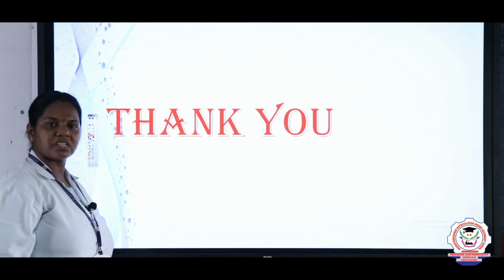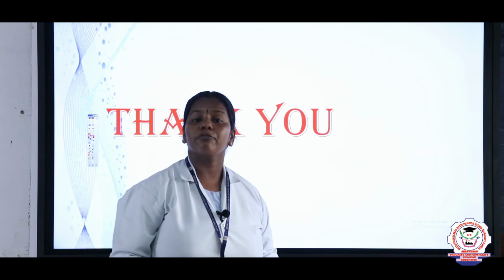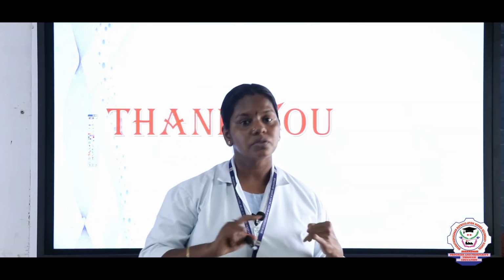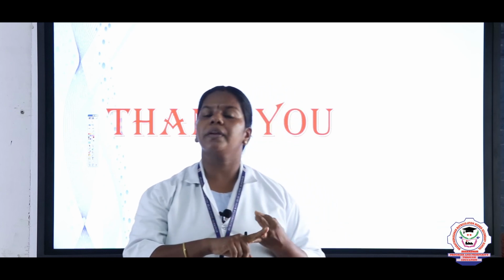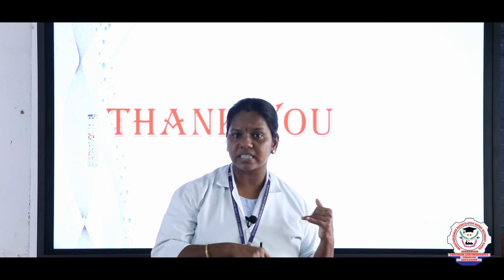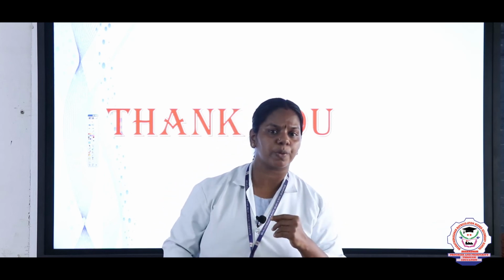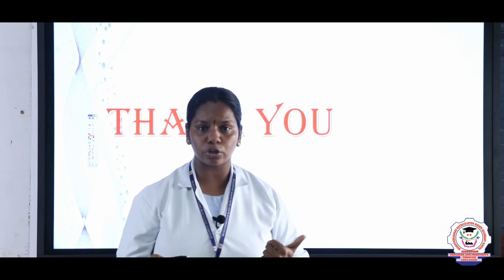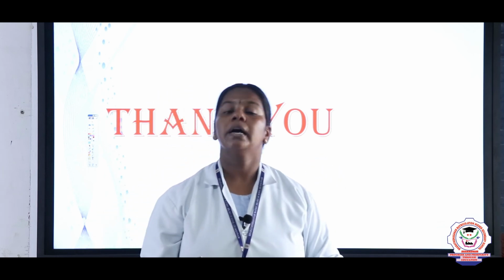With this the life processes in bacteria come to an end. We have discussed the staining procedure, the difference between gram negative and gram positive bacteria, and life processes such as respiration. What are the two types of respiration? Aerobic and anaerobic, and about nutrition, that is autotrophic and heterotrophic, in this session.